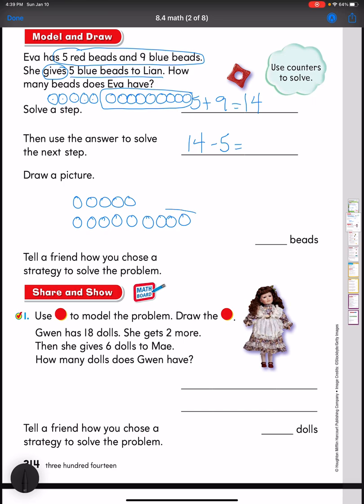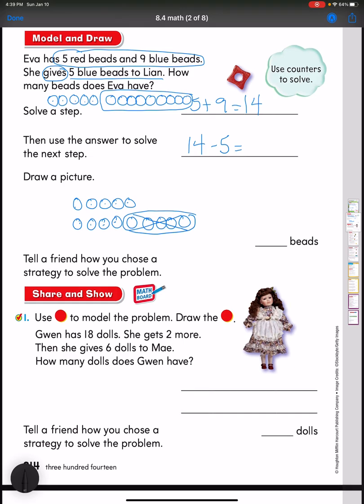She gave 5 of them to Leon. What is she left with? 1, 2, 3, 4, 5, 6, 7, 8, 9. She's left with 9 beads. 14 minus 5 equals 9. Be sure to fill in all of your blanks and draw your picture. Pause if you need to.